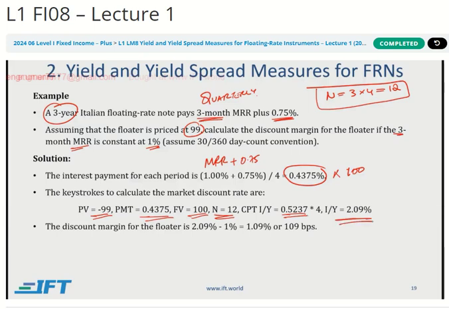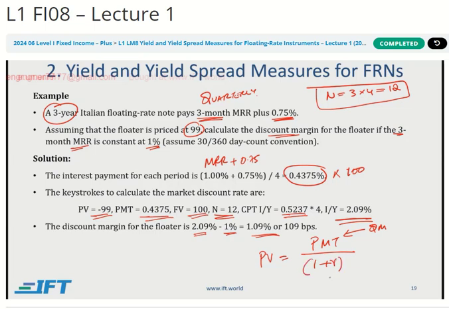And now since they asked you just for the discount margin, right? So what you will do is take that 2.09 minus the 1, and you will get the discount margin, right? So what basically has happened here is that you know the present value, and you calculated the payment based on the quoted margin.